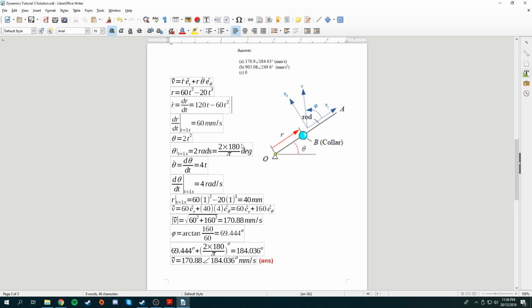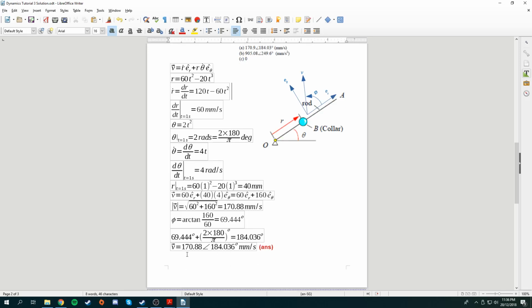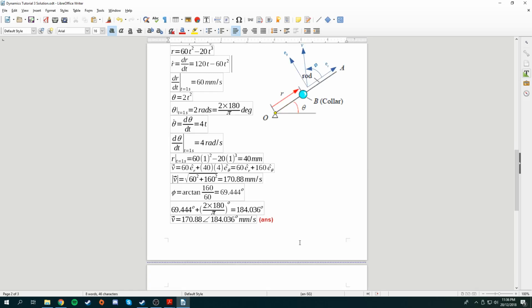That's why I converted it to degree form. So very simply I just take phi plus theta, and that will give me the absolute position. So that's 184 degrees. So the velocity will be 170.88 mm per second at 184.036 degrees from the positive x axis. So that's the answer for the velocity.